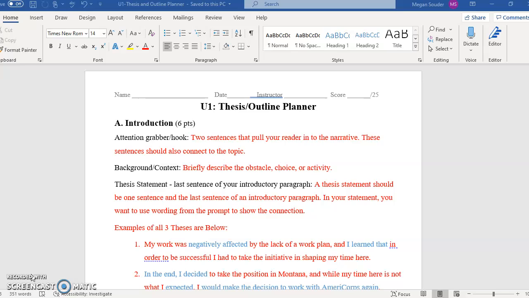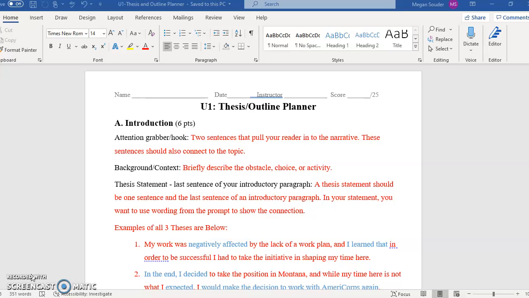There are so many ways you can go in it, but the idea is to pull your reader in, and that hook still needs to connect with the topic that you're going with. Want to make sure that the whole thing is cohesive. The background is where you're going to briefly describe the obstacle if you're doing prompt 1, the choice that you were faced with if you're doing prompt 2, or the activity that captivates you in prompt 3.